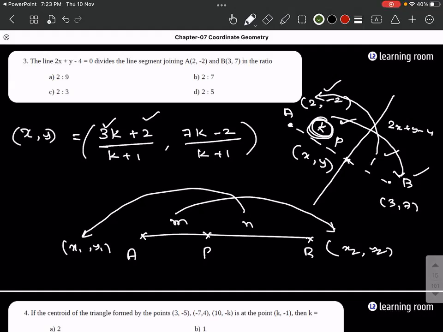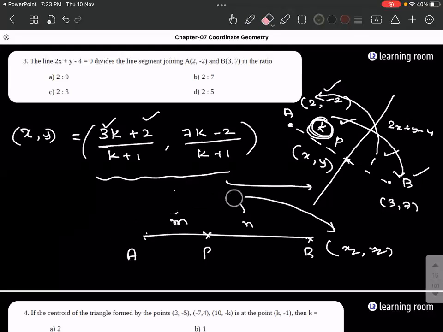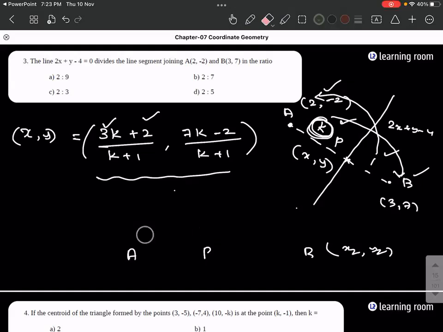Now what you need to do is take this and substitute it in the line. Sir, 2 is to 3. Got the answer?